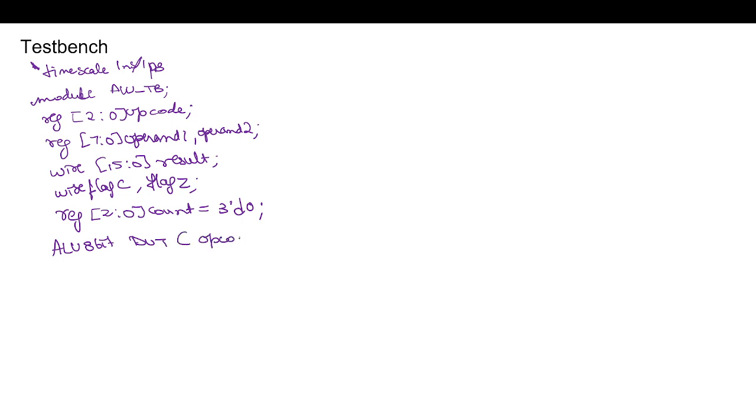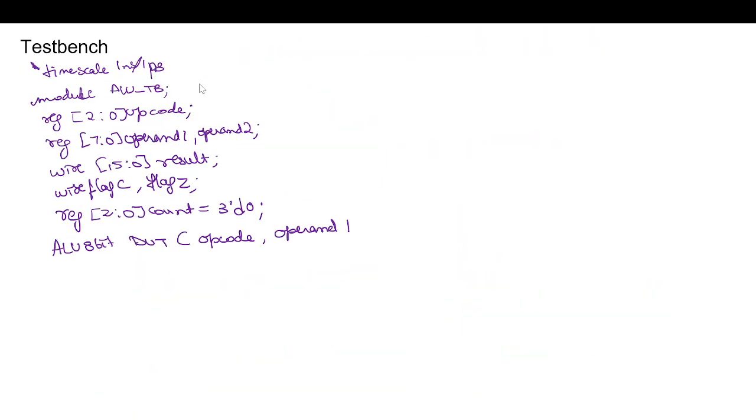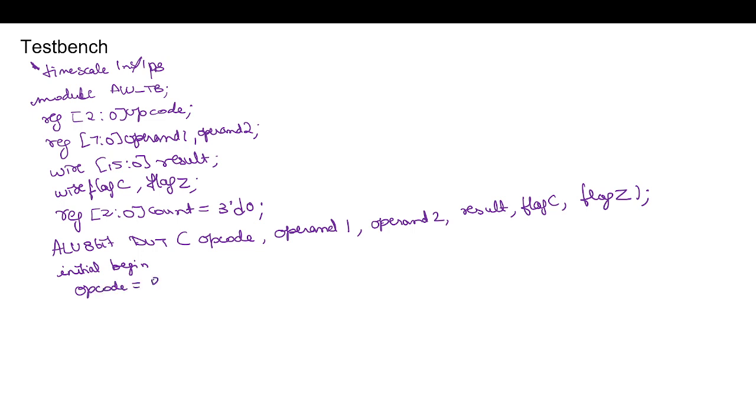But ALU, the instance, design under test. First opcode, second operand 1. You can say here opcode, operand 1, operand 2, result, flag C, flag Z. Here DUT means it's our own user defined name.